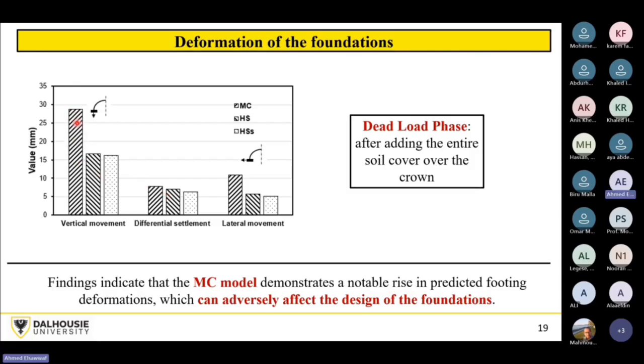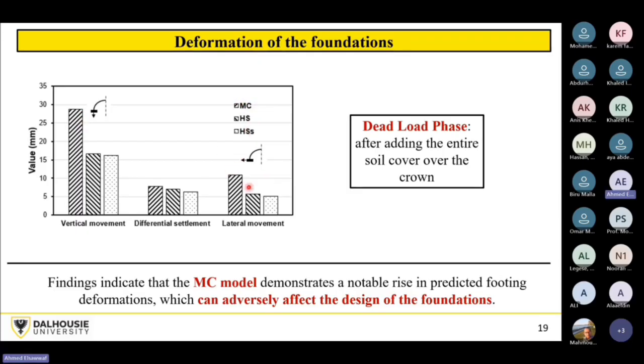This one is very high compared to the HS and HSS models, and that is due to the stiffness assigned to the soil, because the HS and HSS models use unloading-reloading stiffness to estimate these deformations, but the Mohr-Coulomb doesn't have this value.